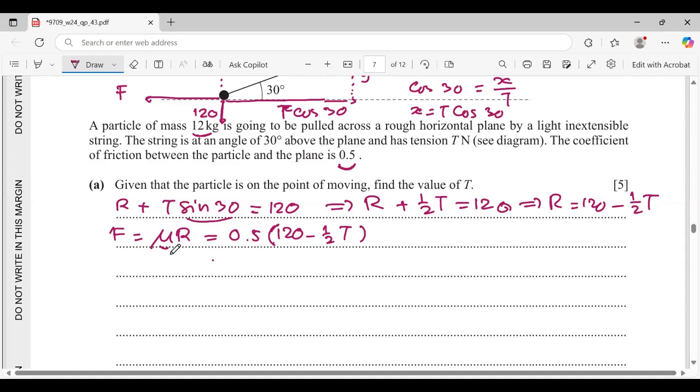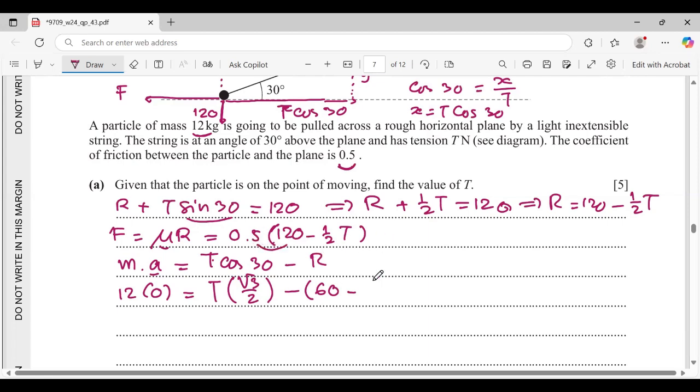So after that, I would like to find the total force, or M times A equals t cosine 30 minus R. A is 0, so 12 times 0 equals t times square root 3/2 minus 60, and this is 1/4 t.